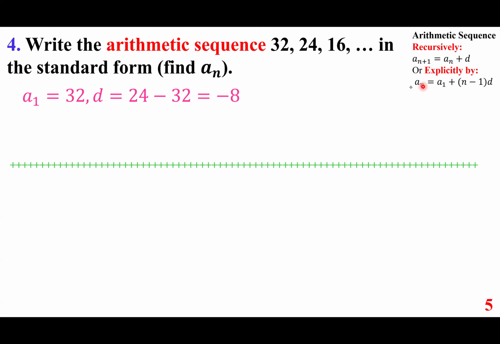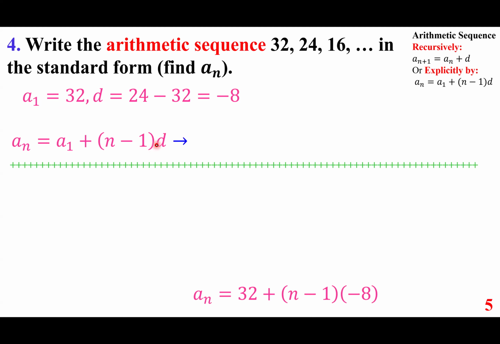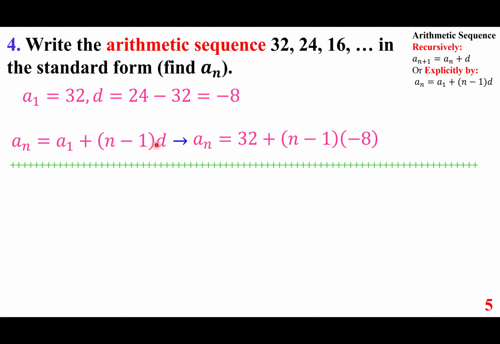And now we are going to use this formula. And we're going to plug in a sub 1 is 32, n minus 1, d is negative 8. You distribute, you get minus 8n plus 8.